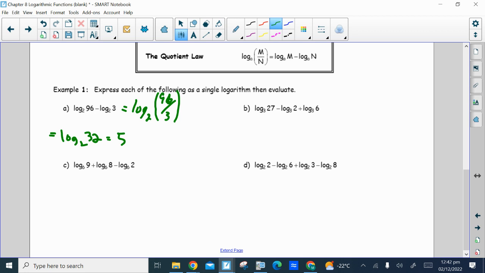What I would probably do with this one is I would just rearrange those terms to put the plus part first. So after the log base 3 of 27, I'll put the log base 3 of 6, and then the minus log base 3 of 2.